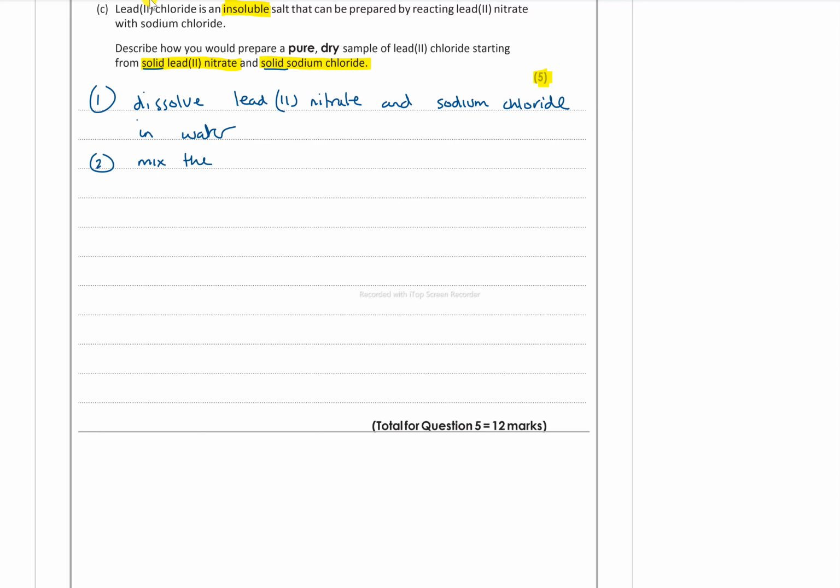Mix the solutions in a beaker using a glass rod. Always add experimental details. You're going to then get an insoluble salt.